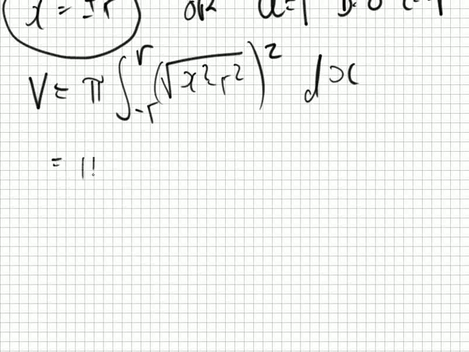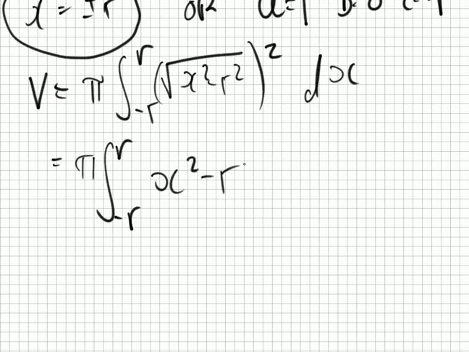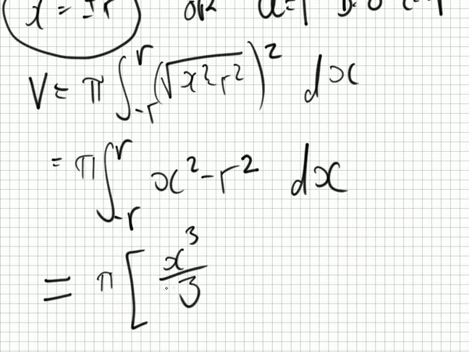Now, if I square this out, I get this. And now I integrate. So this will be x cubed over 3. And this one's actually minus r squared x, because the r squared is like a constant, like 5, 6, whatever.